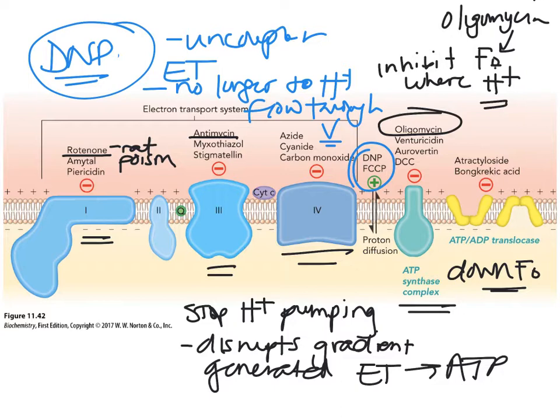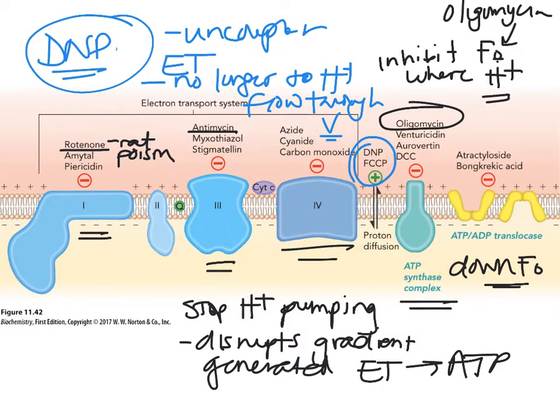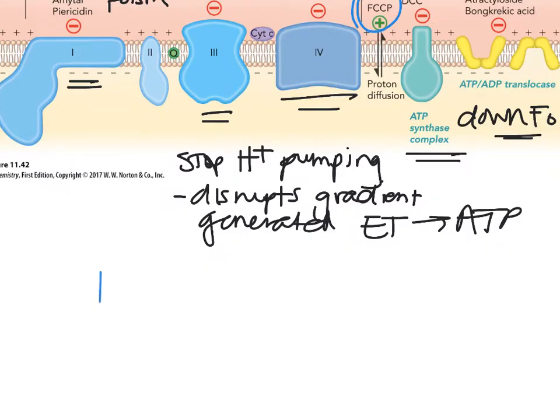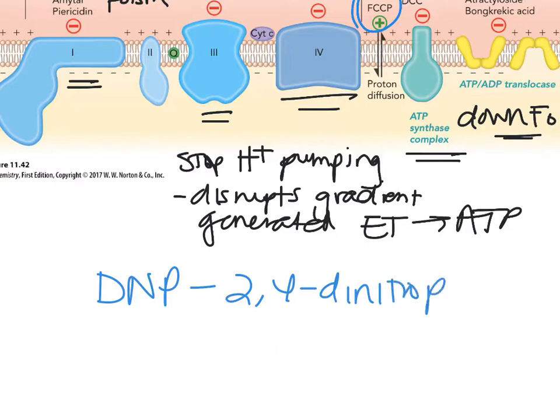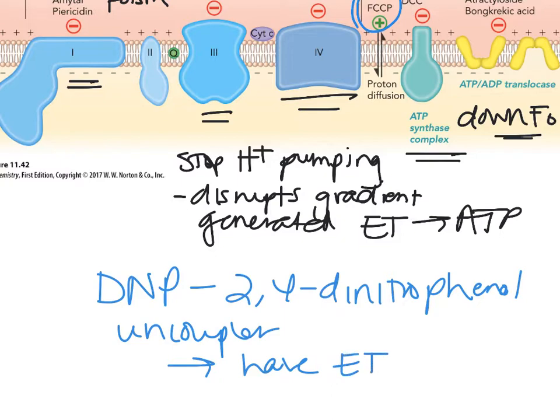They're going to pass through the membrane by a different mechanism. So DNP, which we saw in the previous slide, the 2,4-dinitrophenol, is an uncoupler. You can still have electron transport.